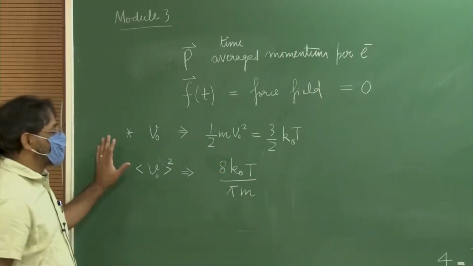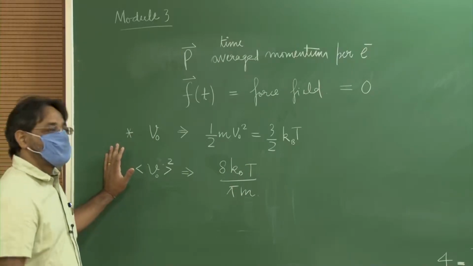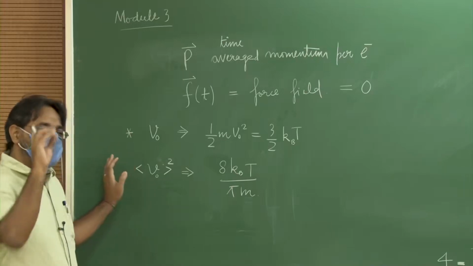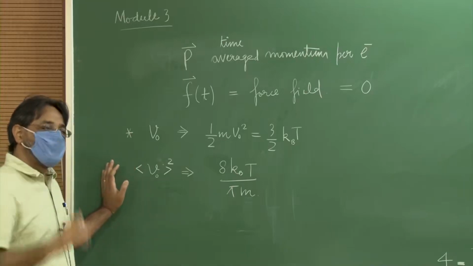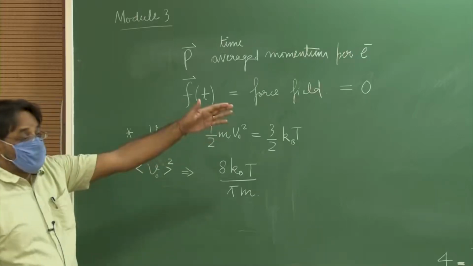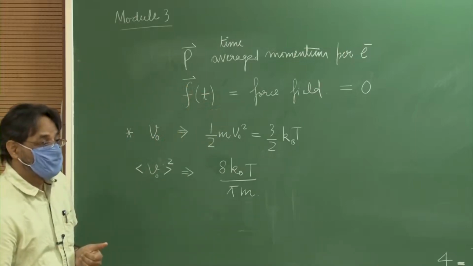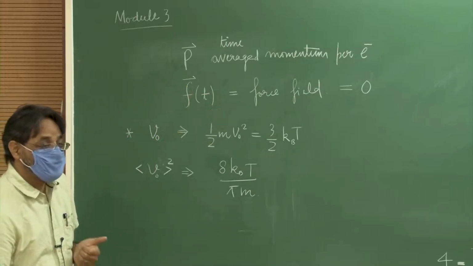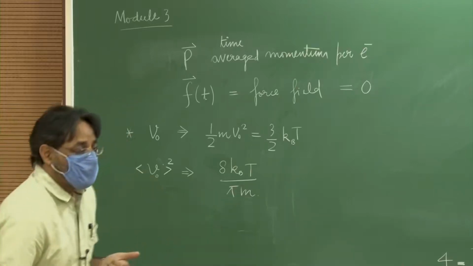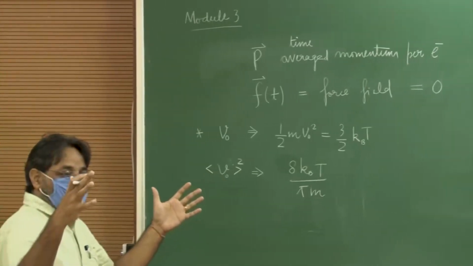So in that context, the Drude model is analogous to the kinetic theory of gases, right? The electrons are these little molecules of your ideal gas, okay? Except that you have now ionic cores which are not there in the ideal gas. That is the difference. What else is the difference? In the kinetic theory of gases, you know that the gas is contained within a volume.